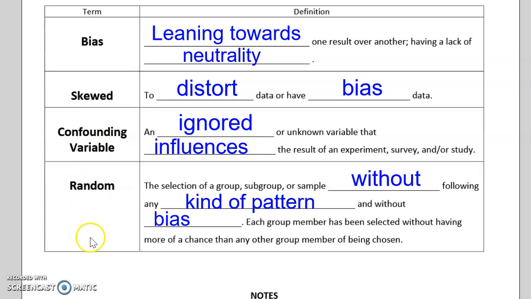And then random: the selection of a group, subgroup, or sample without following any kind of pattern and without being biased. We're going to talk about different methods of how to select a group or particular subjects for a study at random. That'll be our focus for next week's lessons.